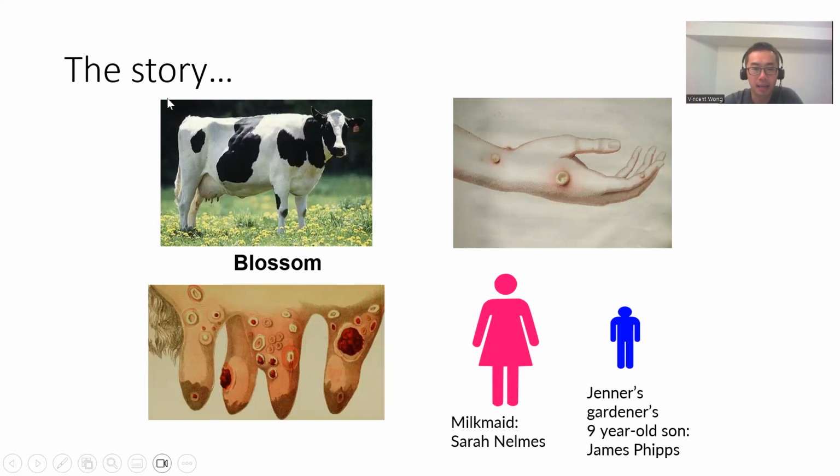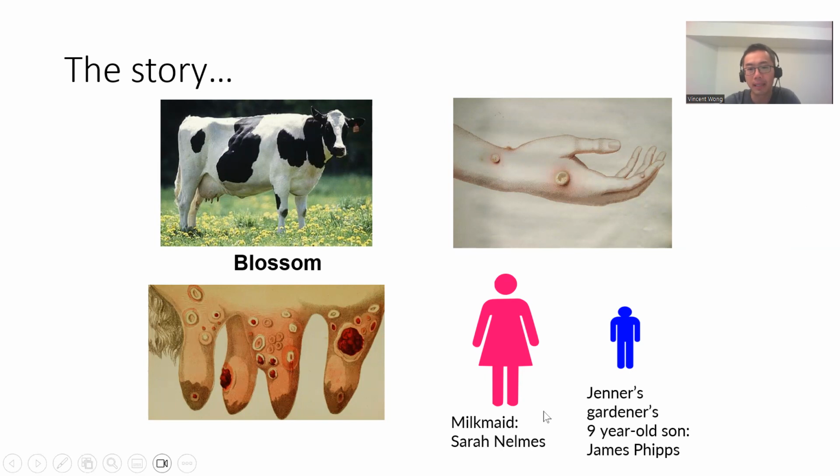The cow was named Blossom, and the milkmaid would milk Blossom, and Blossom had cowpox on the udder. The udder is where you squeeze to get the milk. The milkmaid would catch the cowpox and get sores on the hand. It's not comfortable, but it's not deadly.